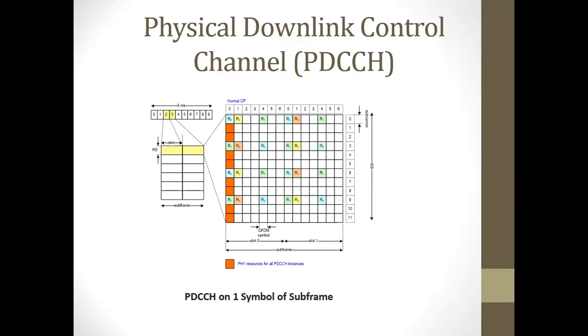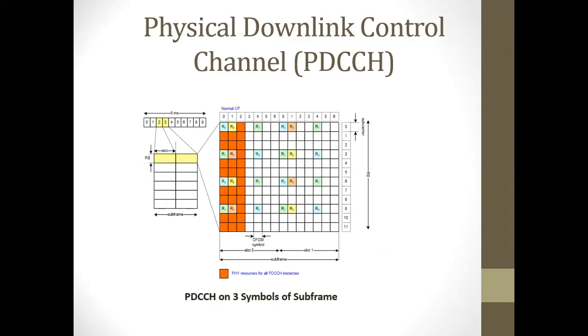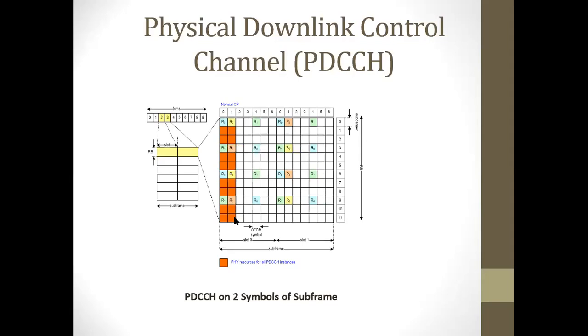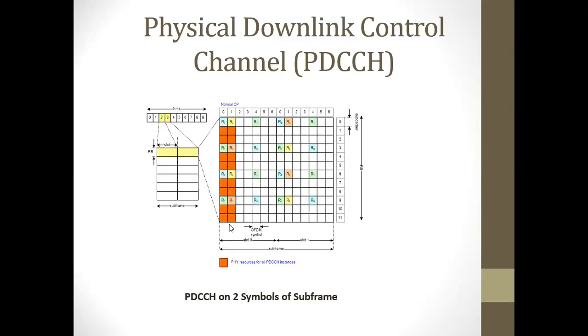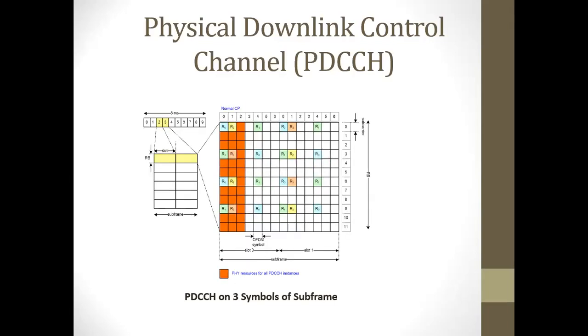The control region is used only for control purposes, so it is inefficient to use a wide control region, as your data space is reduced. So this is the point why the control region size has been made variable. Just use as much as needed, and that requirement will vary from time to time.